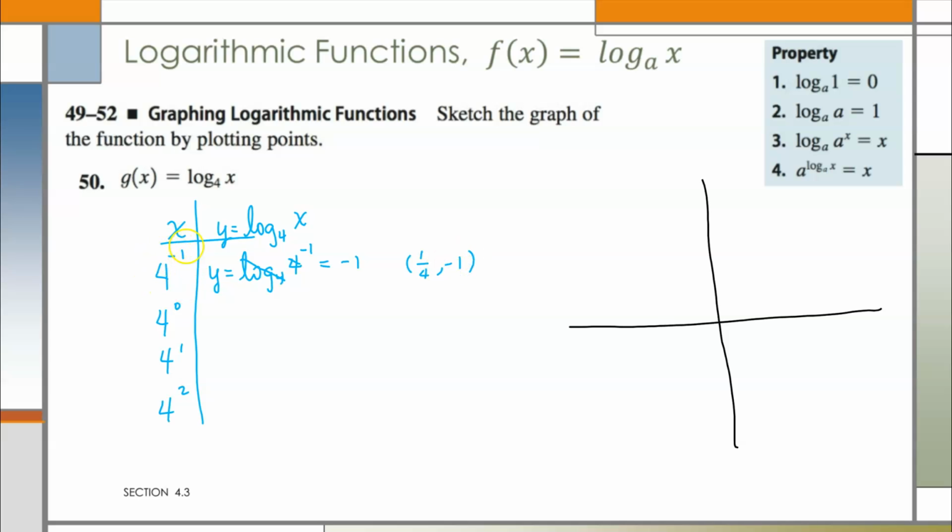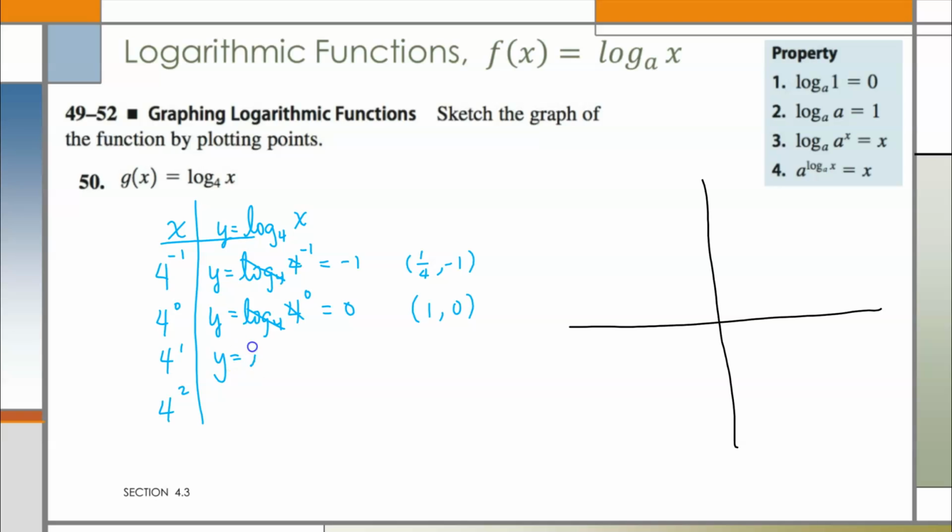This is equivalent to 1/4 with that negative in the exponent. Now we need an x to plug in. The x that we're plugging in is 4 to the 0, and we get 0. So (1, 0) would be the point that we're plotting. 4 to the 0 is 1, and then the y coordinate turned out to be 0.